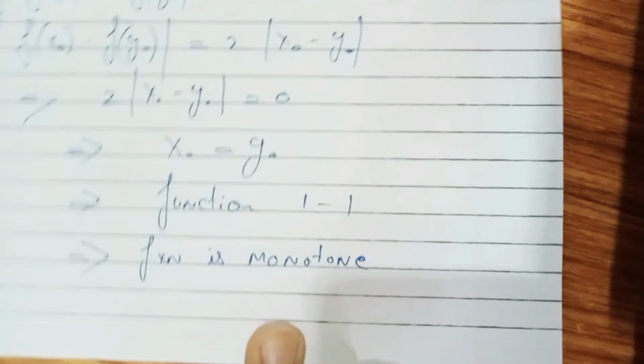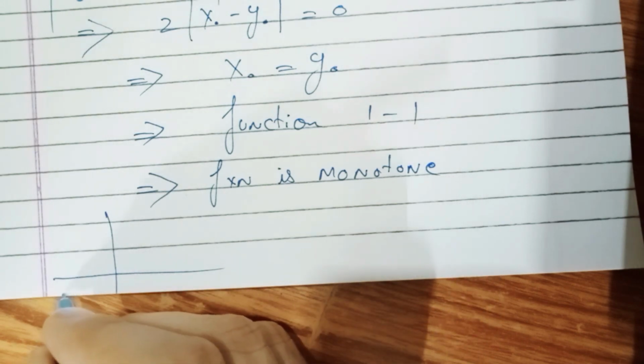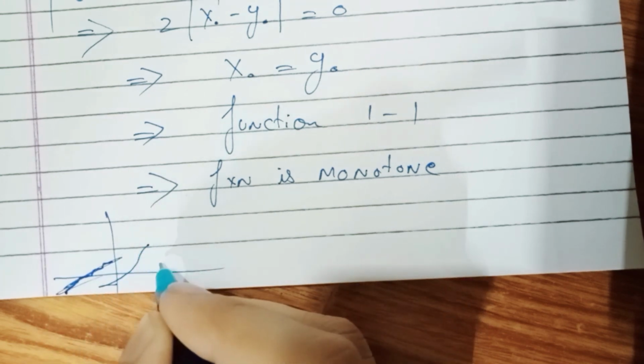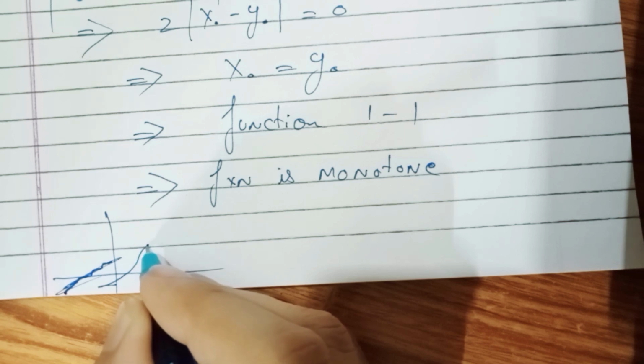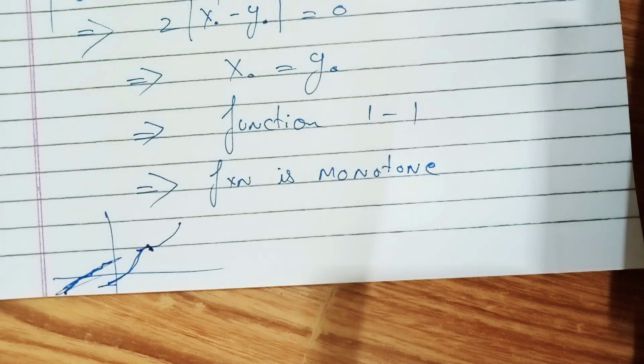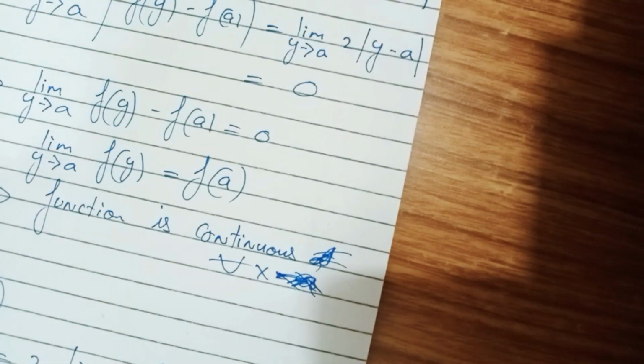It's very easy to see: if my function is continuous and 1-1, then it cannot come down, because if it comes down even a bit, then two values are repeated, so it's not 1-1. So either it's always increasing or it's always decreasing. Actually strictly increasing or strictly decreasing.